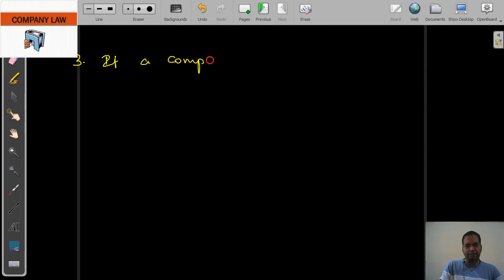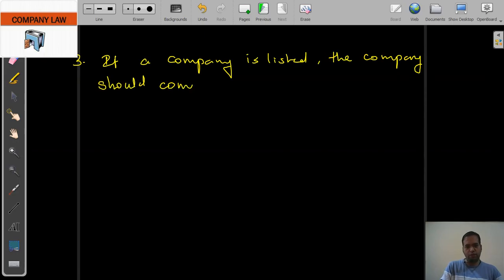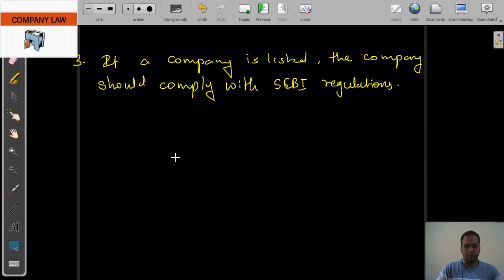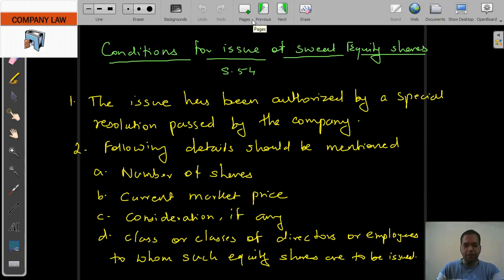If a company is listed, the company should comply with SEBI regulations. Okay, so first these three points we will discuss.